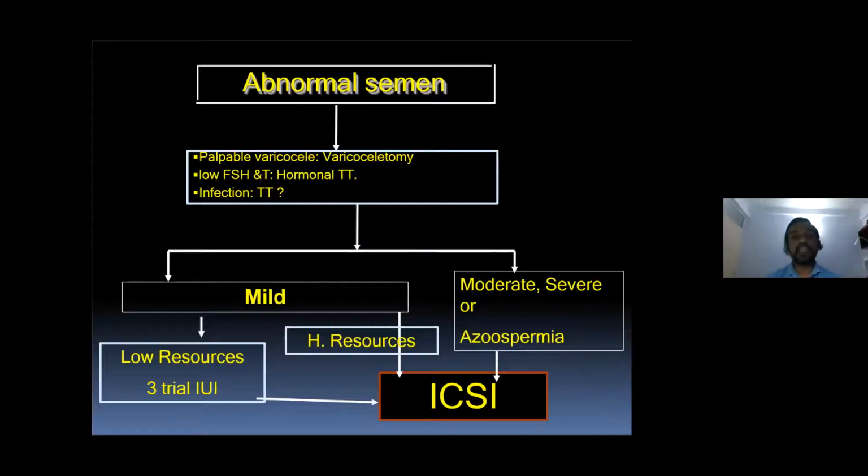They will be categorizing it into moderate to severe or mild abnormality. So if it is moderate to severe abnormality or azoospermia, then the couples would be directed straight away to ICSI. And if it is mild, they will initially try with IUI, though it says 3 trials, usually what they recommend is 6 trials of IUI. If failed, go for ICSI.